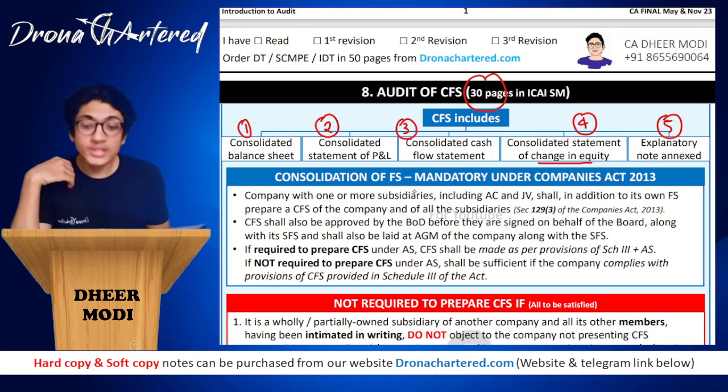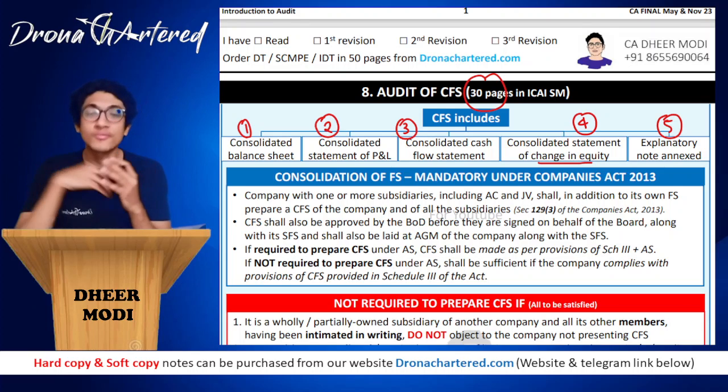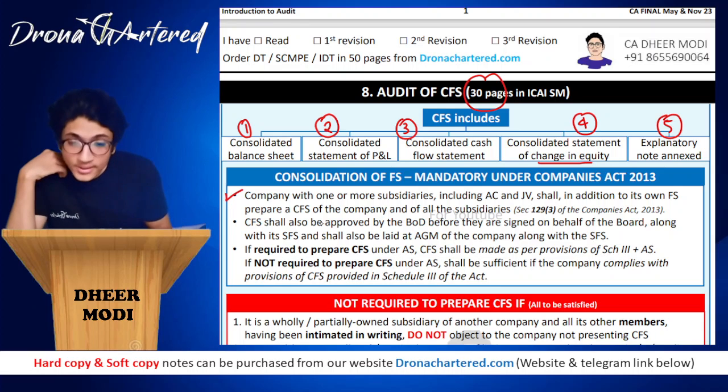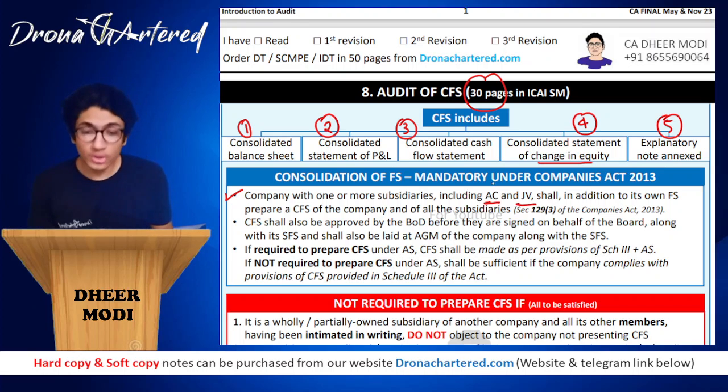Now, consolidation of financial statements is mandatory under the Companies Act for some companies. First, a company with one or more subsidiaries, including an associate or a joint venture, shall, in addition to its own financial statements, prepare consolidated financial statements of the company and all of the subsidiaries.